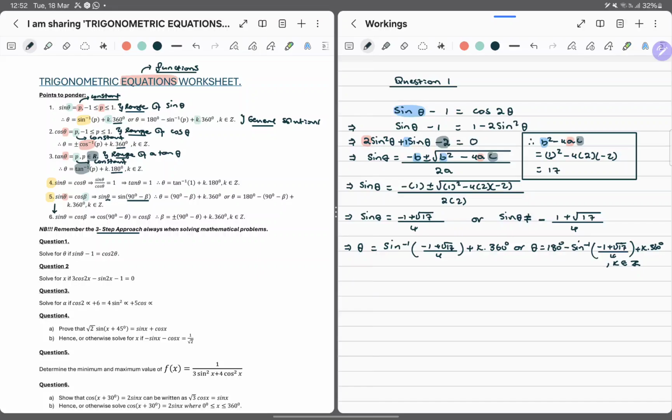Okay, so that is the story. So this is how we derive general solutions. You can use the reference angle method, it's still not a big deal.